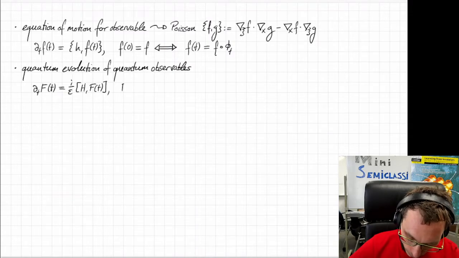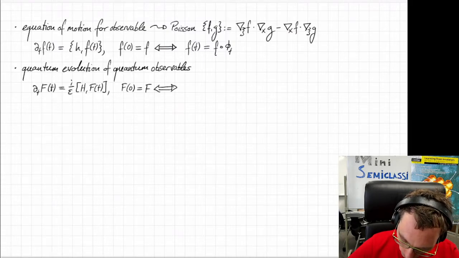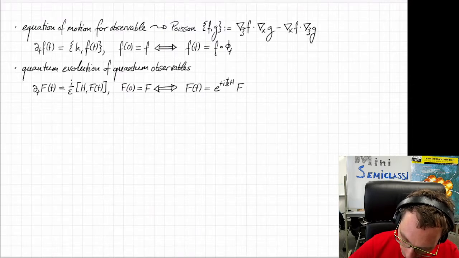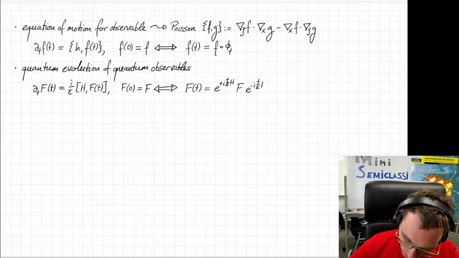And again, if we impose the initial condition at time 0, then this is equivalent to the solution that f of t is given by e to the i t divided by epsilon h times f times e to the minus i t divided by epsilon h. So you conjugate with the unitary evolution group.